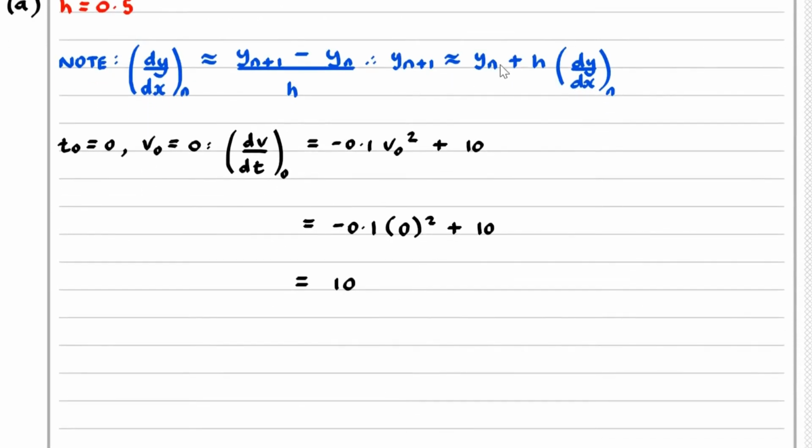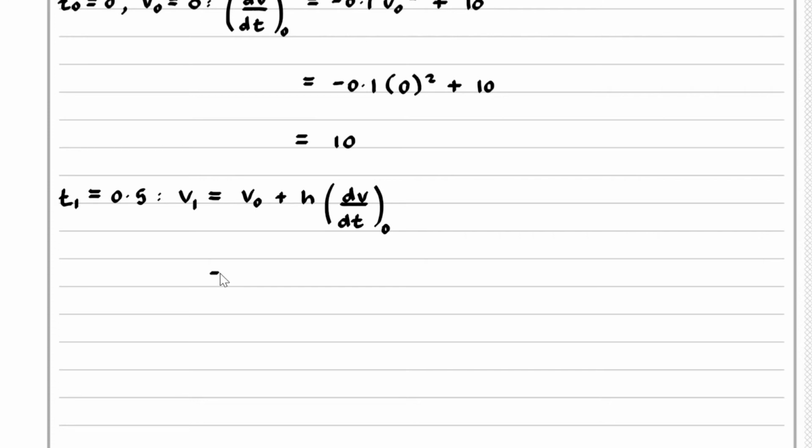And now what we can do is find out what v1 is using the iterative formula. t1 is equal to 0.5, and therefore v1 is equal to v0 plus h multiplied by dv over dt naught.